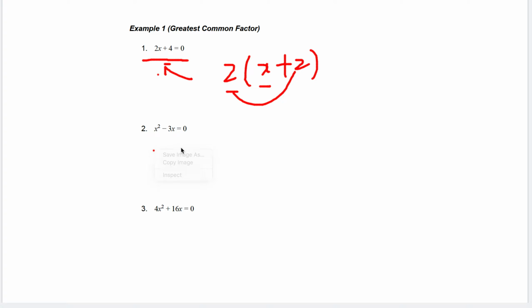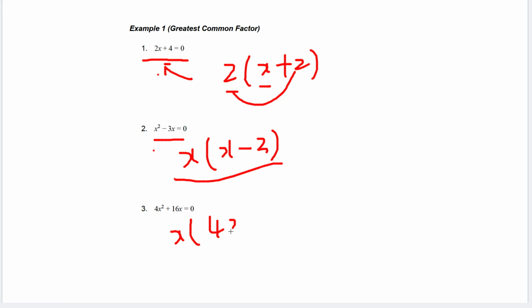And in this one, can we get the common factor? Yes, of course. We can take an x, right? The first part we leave x, and the second part we leave 3. So that is the common factor. And for the last one, we can take x first, same thing, and we get 4x plus 16, right?